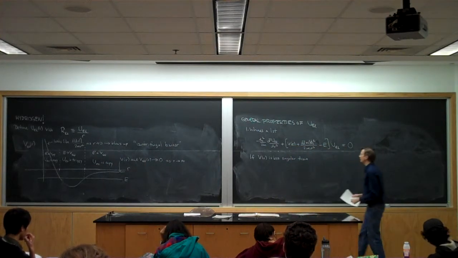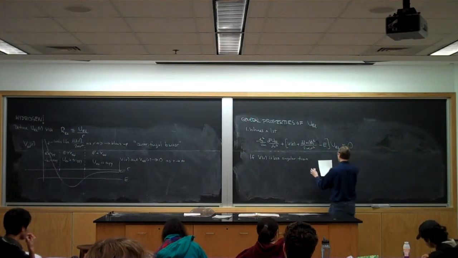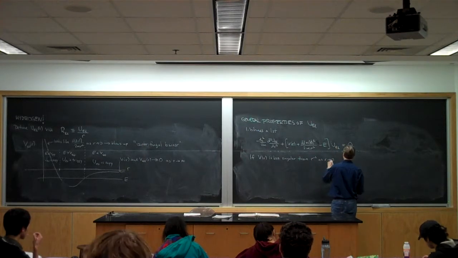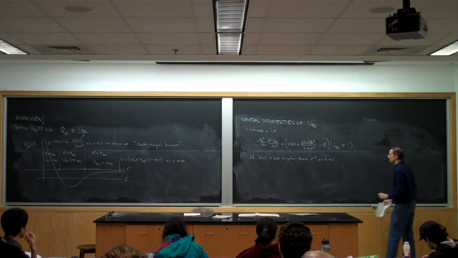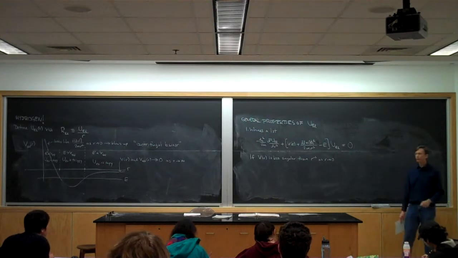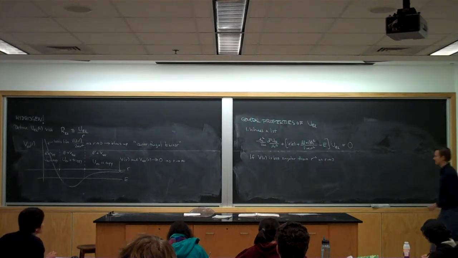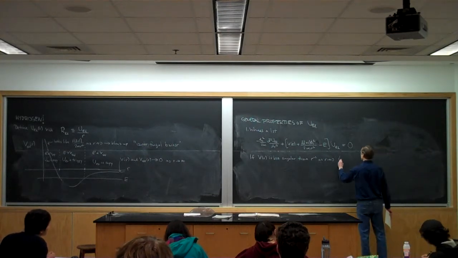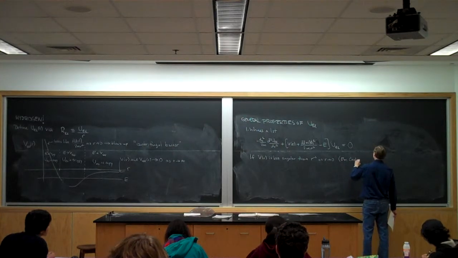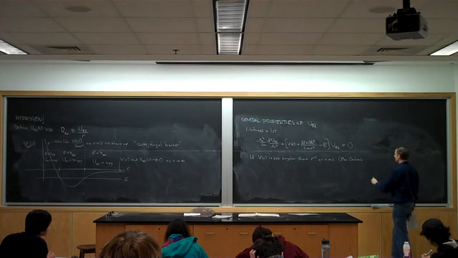If v of r is less singular, so to speak, than r to the minus 2, as r approaches 0, in other words, if it blows up more slowly than 1 over r squared does. So for example, we're dealing with hydrogen, so we're going to be especially interested in the Coulomb potential.